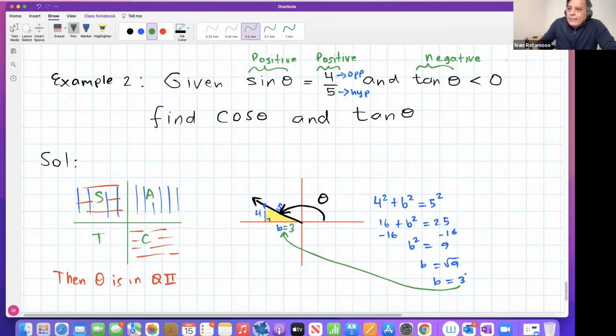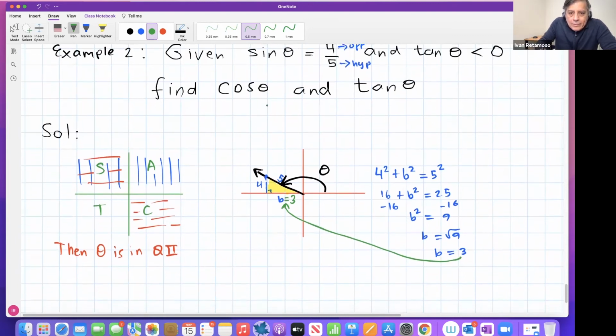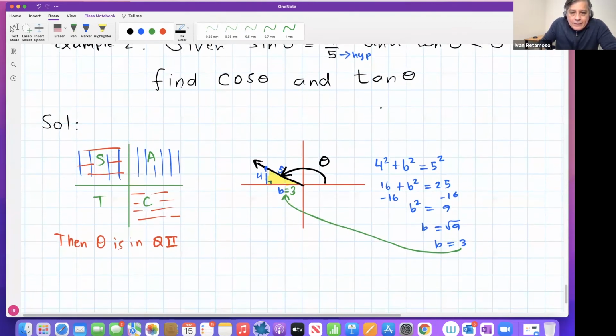And we have completed the triangle, so we can now answer the questions. They want us to compute cosine and tangent. Cosine first. The cosine of theta prime, the reference angle, is adjacent 3 over hypotenuse 5.